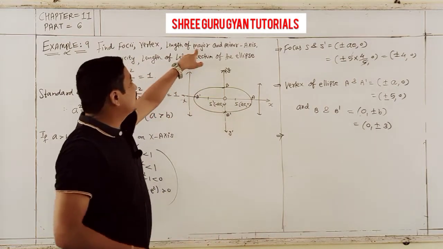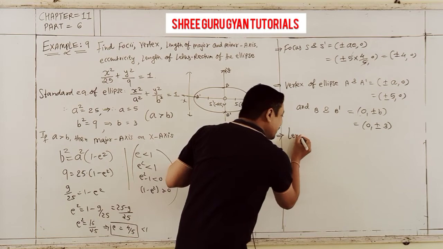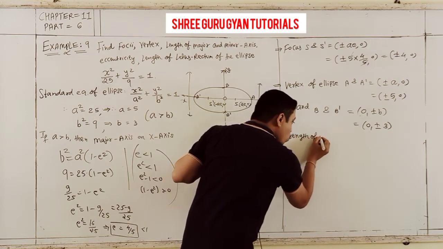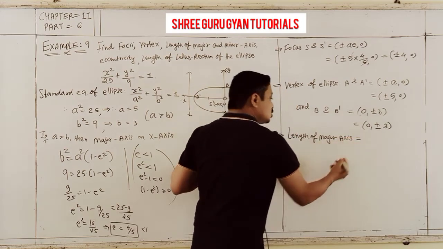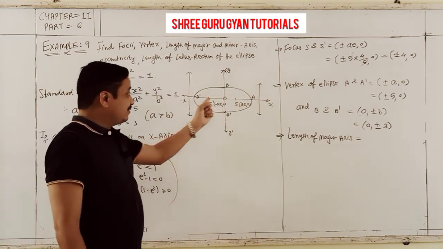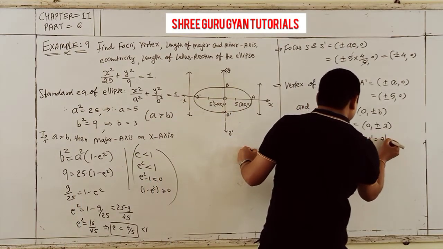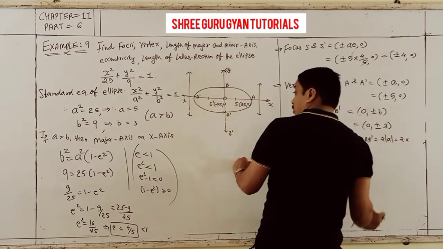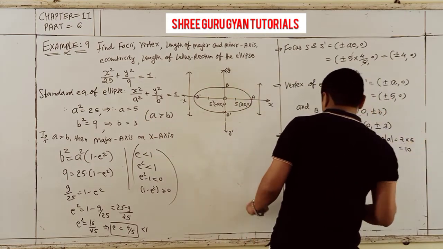Now asking length of major and minor axis. So length of major axis, students, you wrote here major axis is on the x-axis, that's why my major axis length A A dash is 2 modulus a, and what's the a? 5. Total 10.